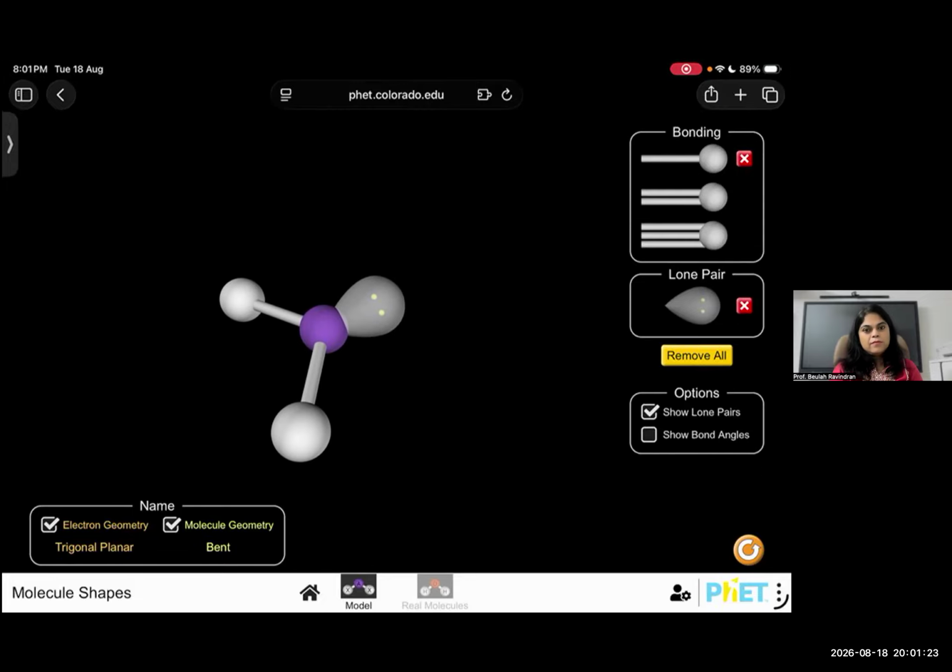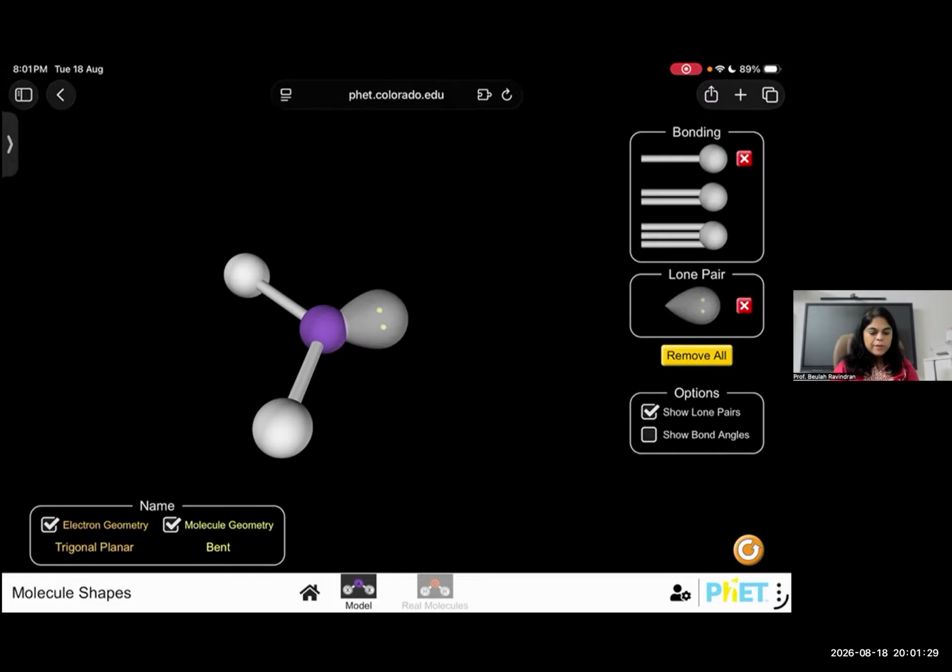This one is the lone pair we saw. So how many VSEPs now? 1, 2, 3. 3 VSEPs. So the shape is bent. And then the electron geometry is trigonal planar, right? Or we can say it is triangular. Yeah, it is planar only. Trigonal planar. Example, ozone and SO2 we can say.